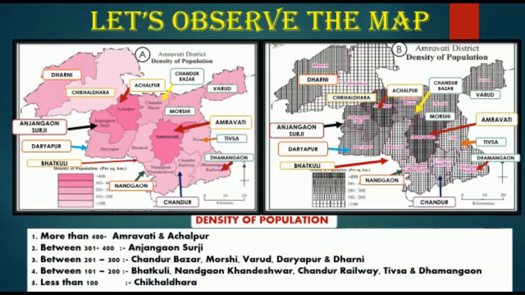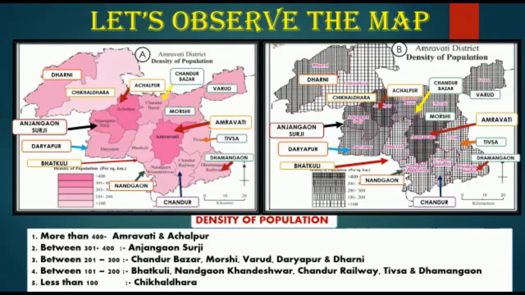So in this map various information is shown. Let's take more information in detail. Here we have Amravati and Achalpur. So Amravati and Achalpur talukas have density greater than 400.